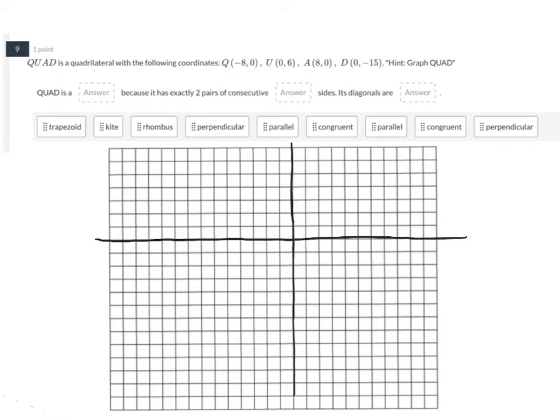Q is at negative 8, 0, negative 1, 2, 3, 4, 5, 6, 7, 8, 0. So there's Q. U is at 0, 6, so 0, 1, 2, 3, 4, 5, 6. A is at 8, 0. 1, 2, 3, 4, 5, 6, 7, 8.